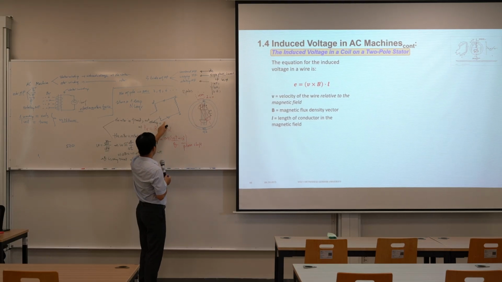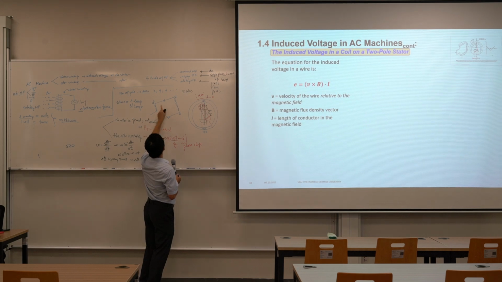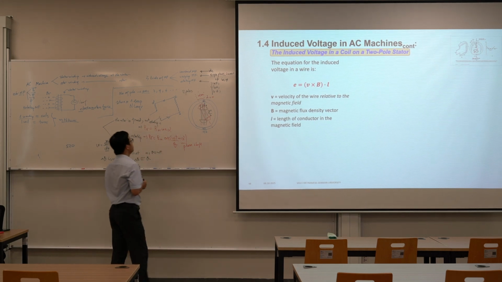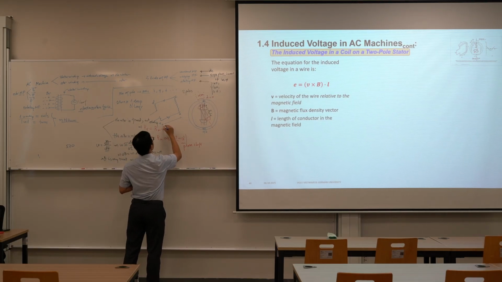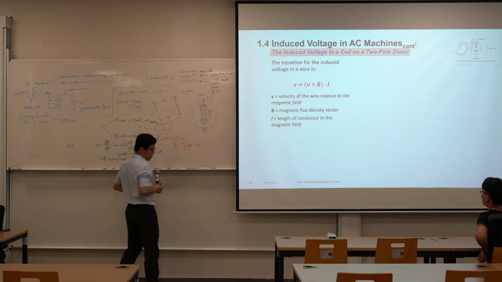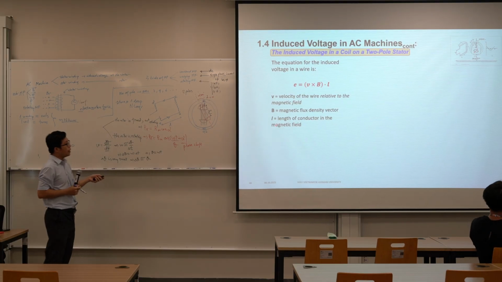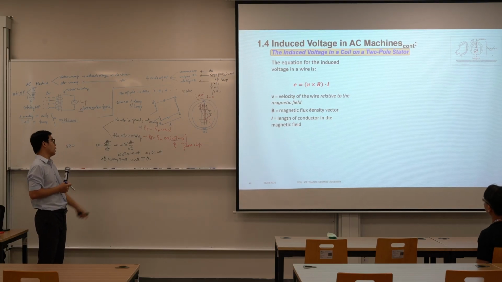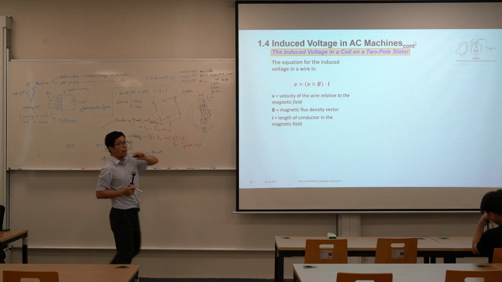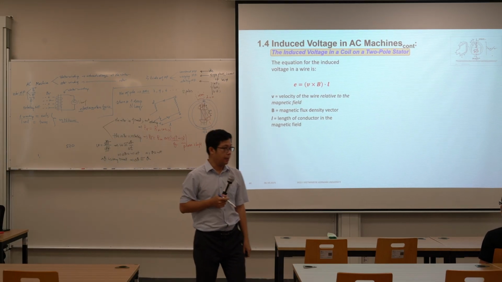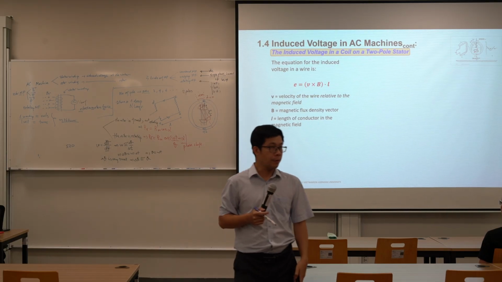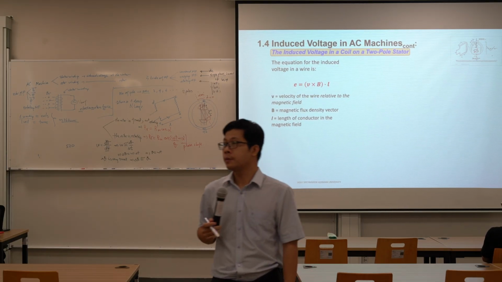So we just focus on AB and CD. So this is L. Sometimes we say L is the length of conductors, or L is the length of the rotor shaft. Any questions?